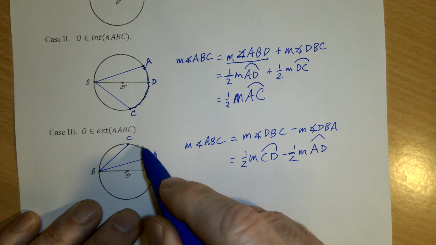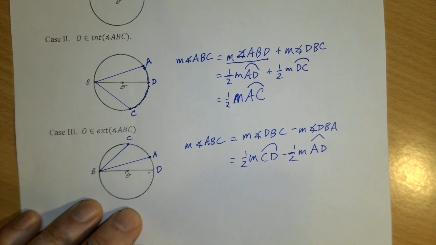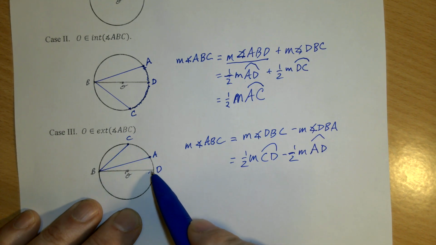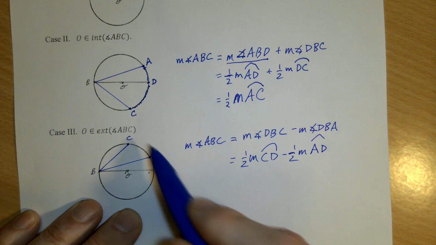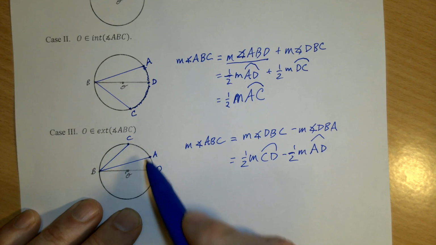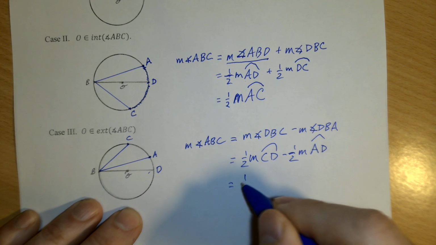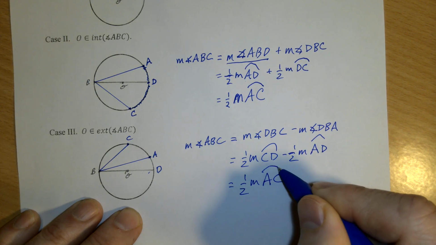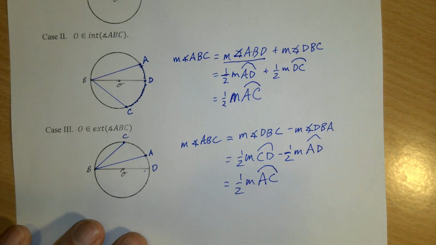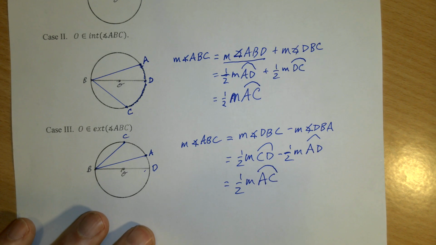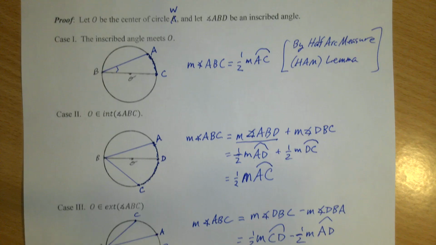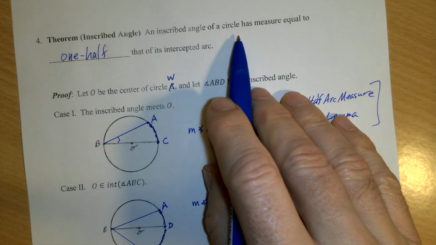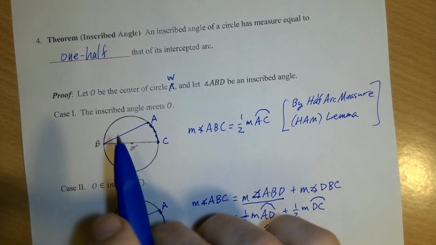So we take 1/2 of the big arc CD, but just note that the arc CD minus the arc AD gives us the arc CA, or AC. So that's going to be 1/2 of the measure of arc AC. And we're done. We've proven all of the cases. So once again, an inscribed angle of a circle has measure equal to half of its intercepted arc.